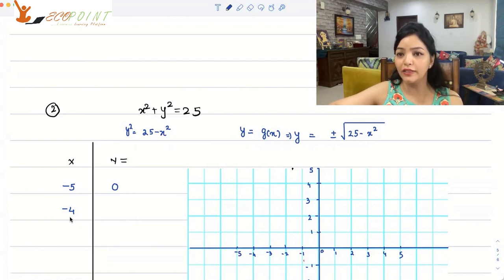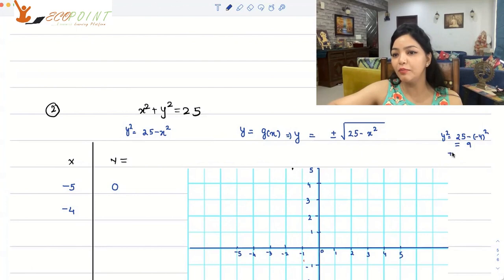Square root of 9, plus minus of it. Why plus minus of it? Because please try to understand that y squared is equal to, in this particular example, 25 minus 4 squared. That means it is equal to 9. Now, if you take +3 or you take -3, you square both, you will get 9 only.